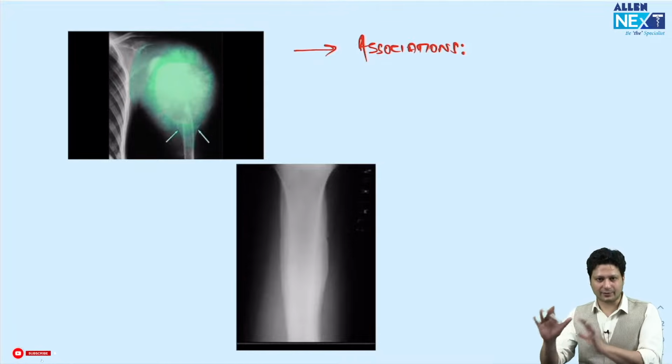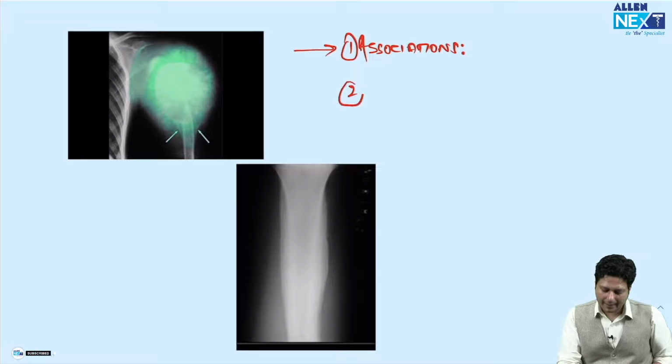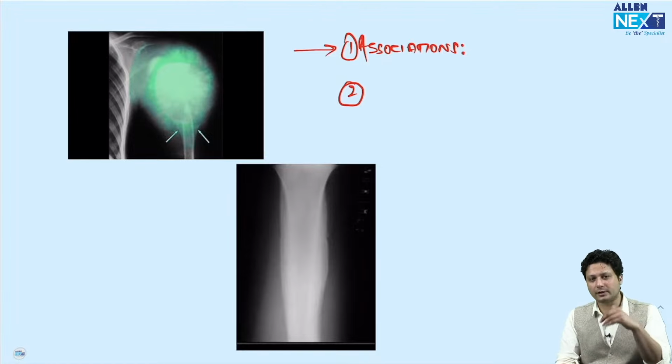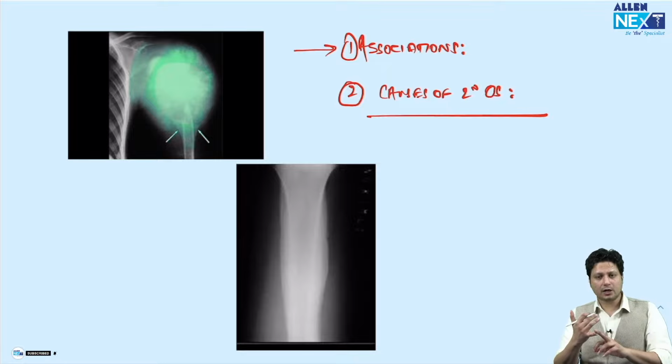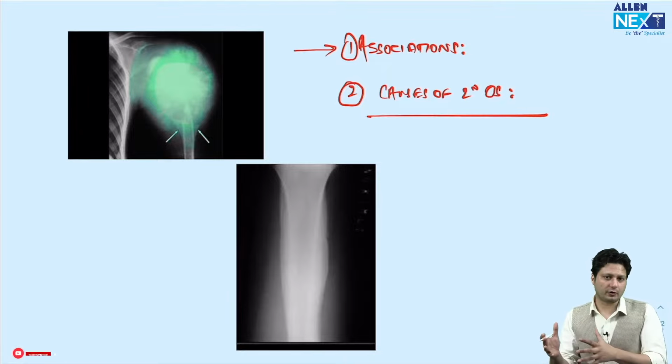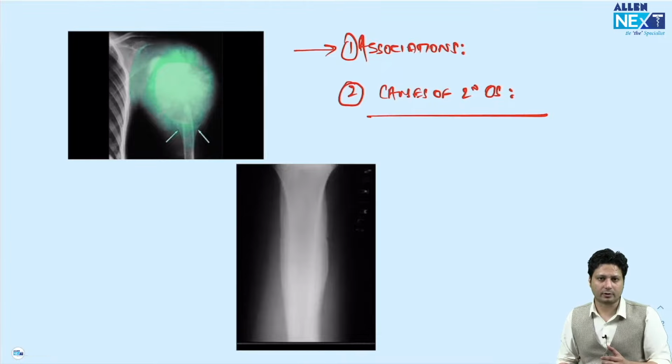So these are the associations you have to be aware of. And the second thing you should know about osteosarcoma is the causes of secondary osteosarcoma, like Paget disease and chronic radiation exposure. These are the causes of secondary. Even chronic osteomyelitis can result in osteosarcoma. These are the causes that you have to remember.